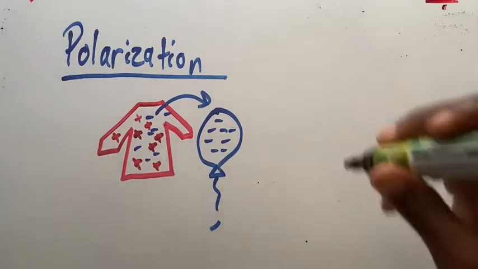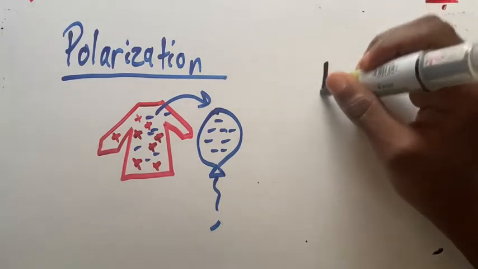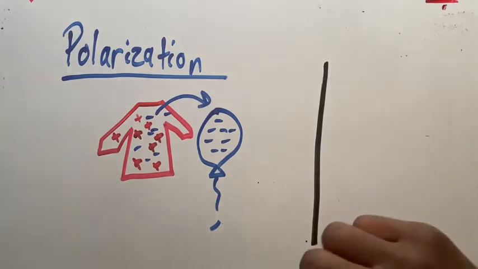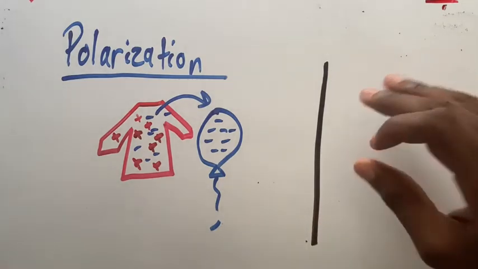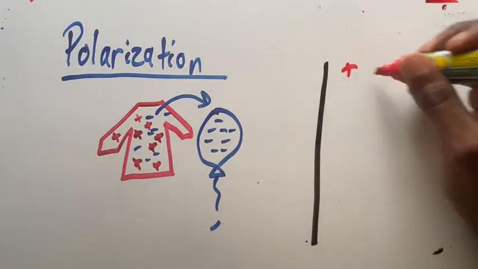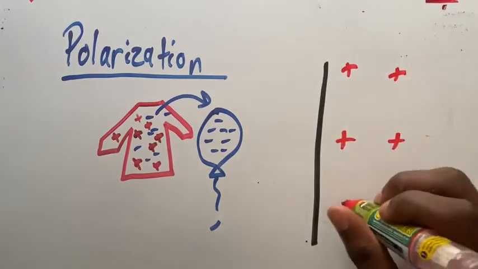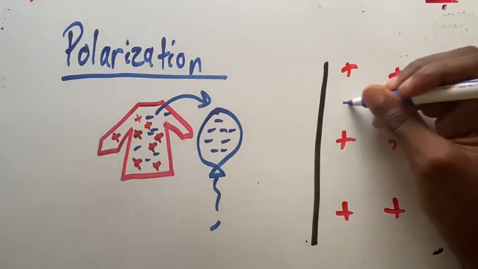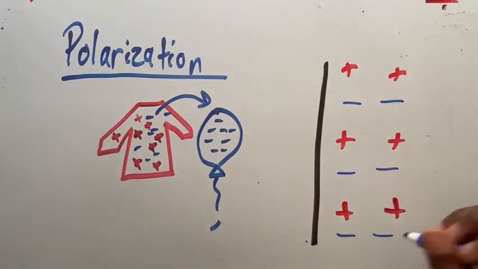Let's say this is the wall over here. And this wall is neutral, meaning it has an even amount of positive and negative charges. So it has some positives, but it has an equal amount of negatives. So overall, the wall is neutral.